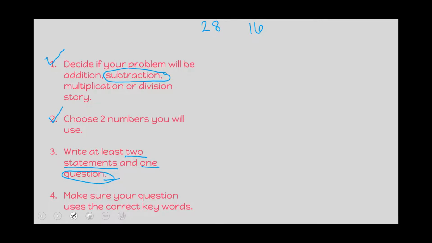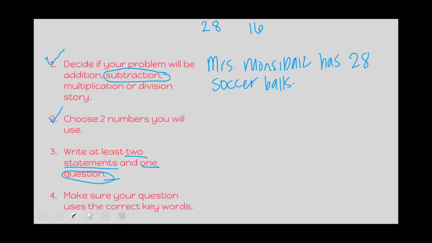Okay, so my first sentence is going to say, Miss Monsivais has 28 soccer balls. That's my first sentence. Now my second sentence is, she sells 16 soccer balls. That's my second sentence.